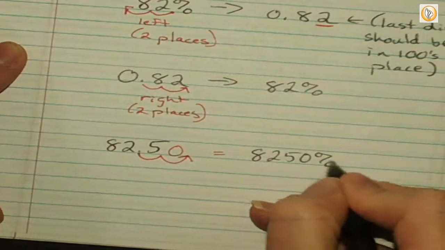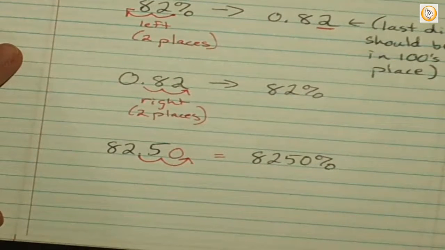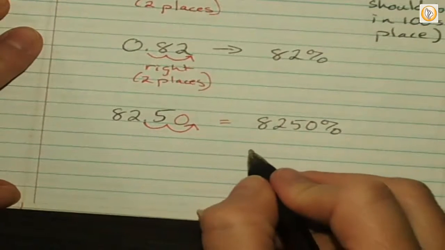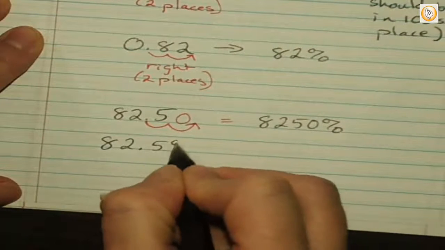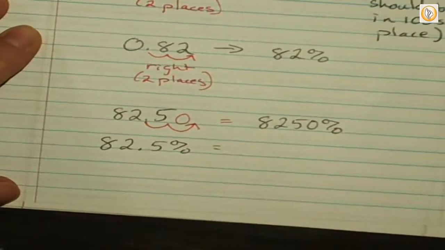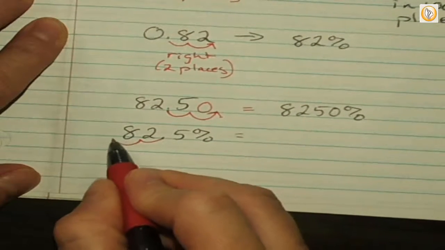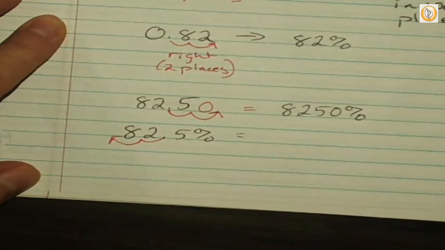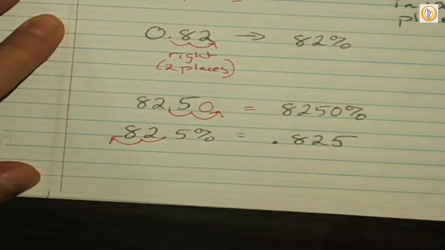Oh no, I meant like 82.5%. Oh, okay. So if it's 82.5%, and we want to make it into a decimal, we still, oh, I see what you're saying. Move it 2 places. And we get 0.825.